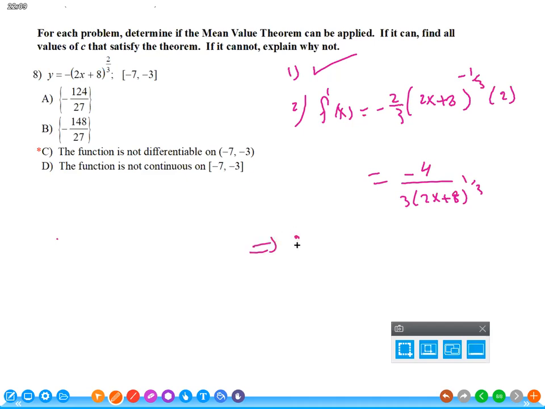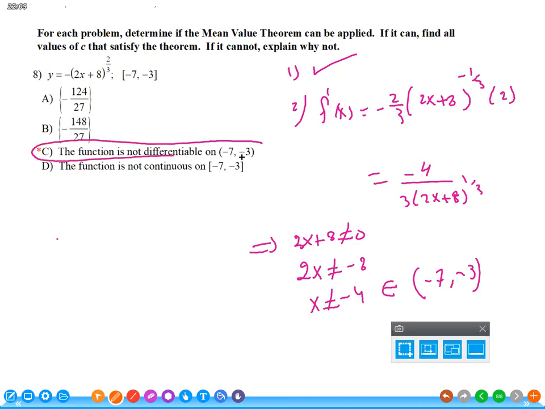It's rational, so 2x plus 8 is not equal to 0, so 2x is not equal to minus 8, so x is not equal to minus 4. Minus 4 belongs to the open interval minus 3, 1. So it's not differentiable at minus 4, which is between.